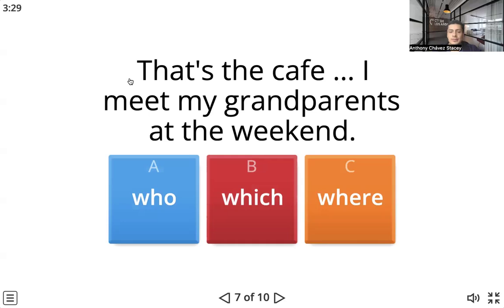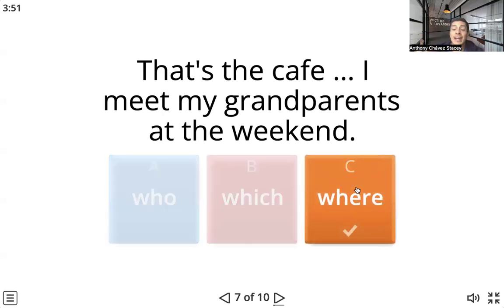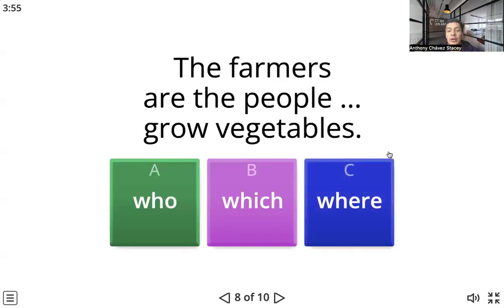That's the coffee where I meet my grandparents at the weekend. Even though you have the right answer, remember, coffee is the beverage, but cafe is the cafeteria. It is just a reduced form of saying cafeteria, but you just have cafe. So that's the cafe where I meet my grandparents, it says. Okay, the next one, you already have read it. So let's see, Bruno.